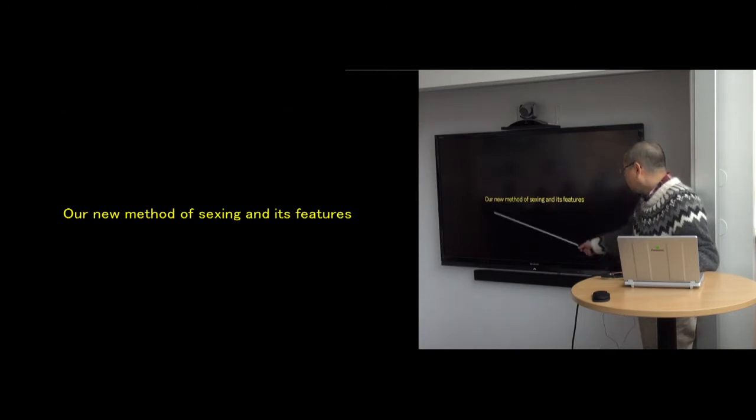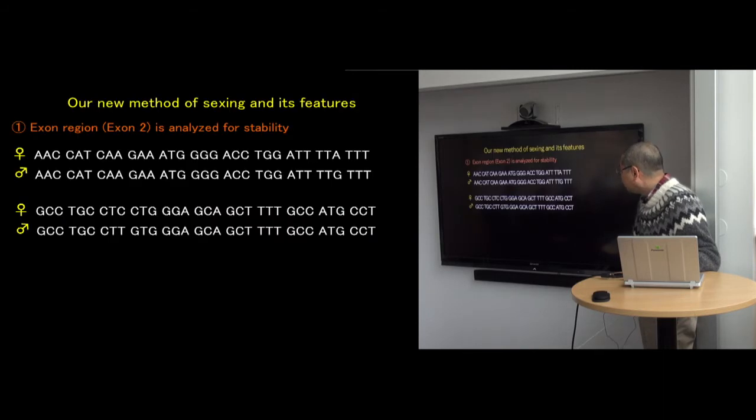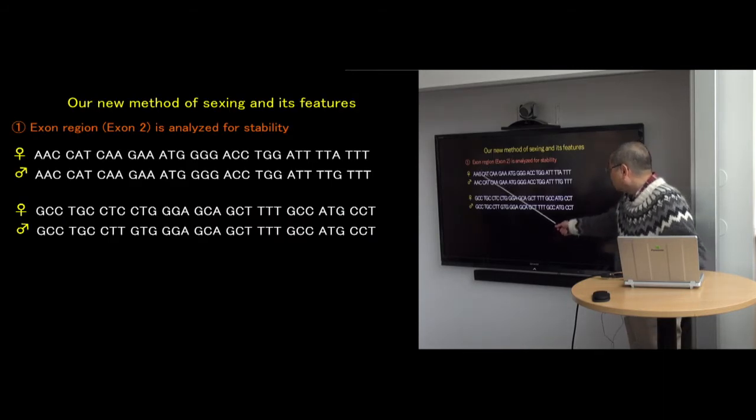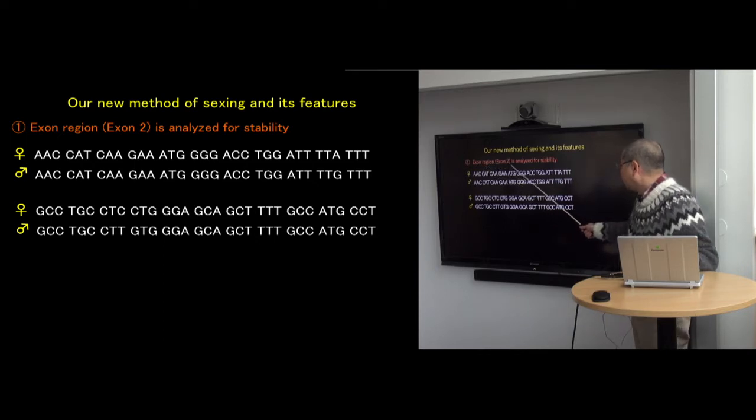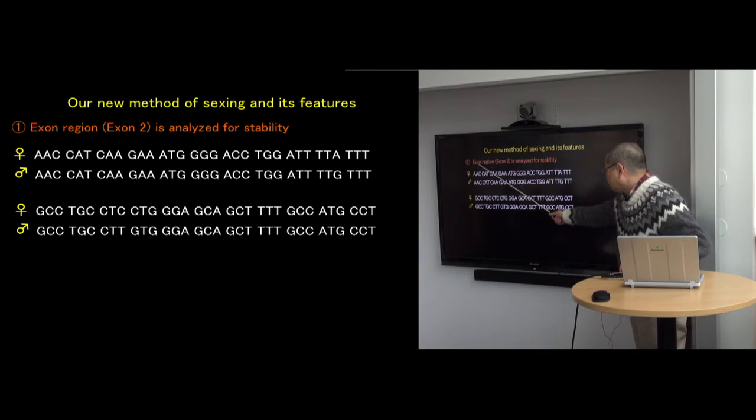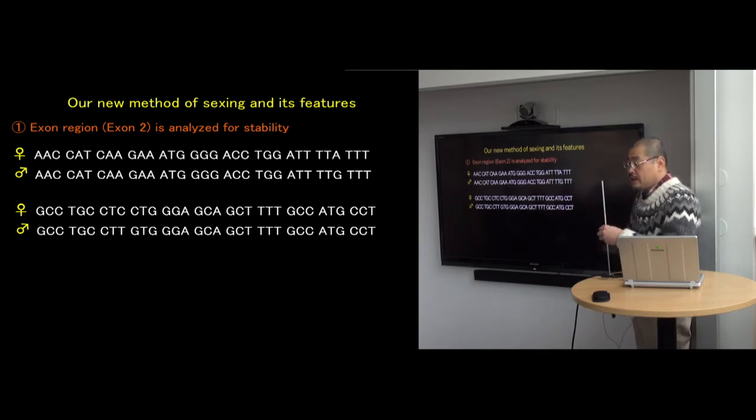So let me explain our new method of sexing and its features. First of all, we targeted the exon region. Exon 2 is analyzed for stability because this coding region is highly conserved in any race in humans.